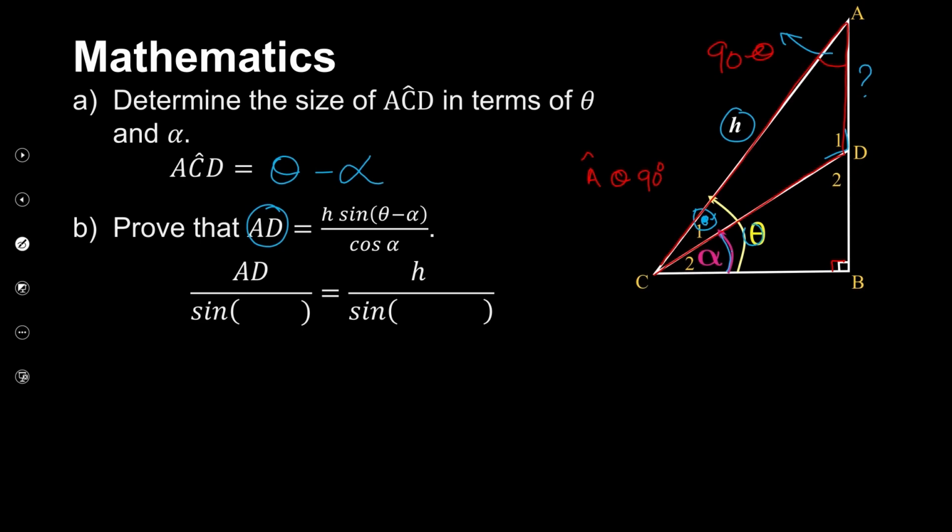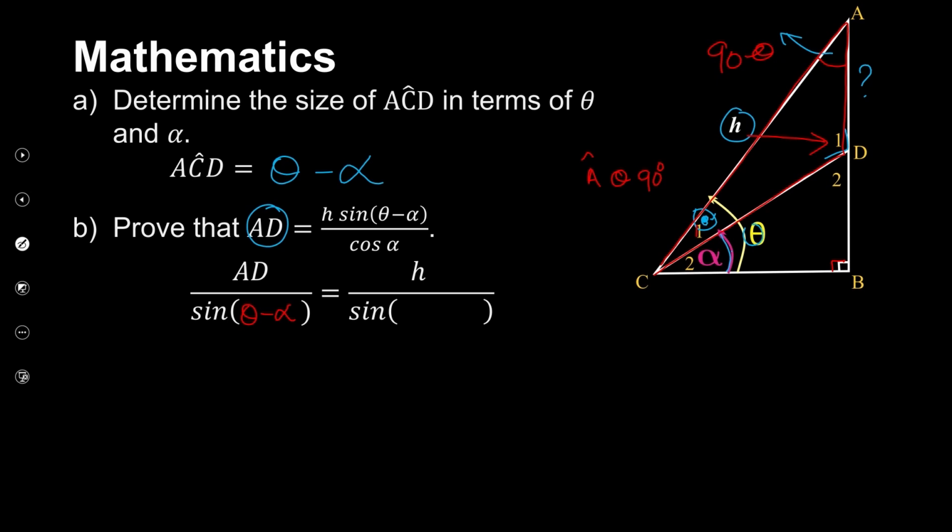So we have AD over the sine of the angle across from it. Remember, across from AD was C1, and we found ACD to be theta minus alpha. Then the other pair we're going to be using is this one and that one. So we're going to say H over the sine of the angle across from it.